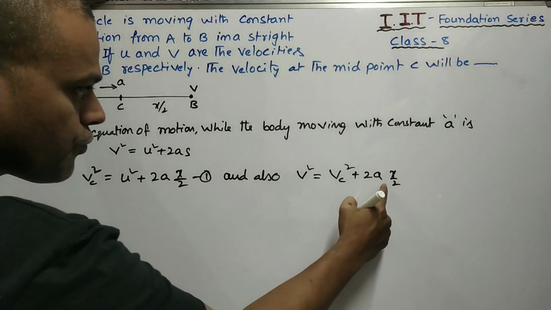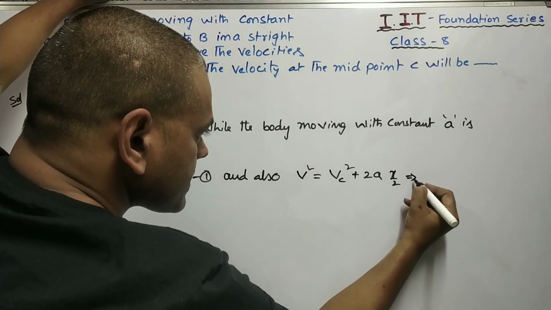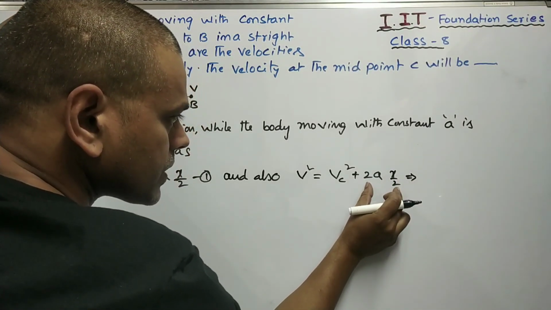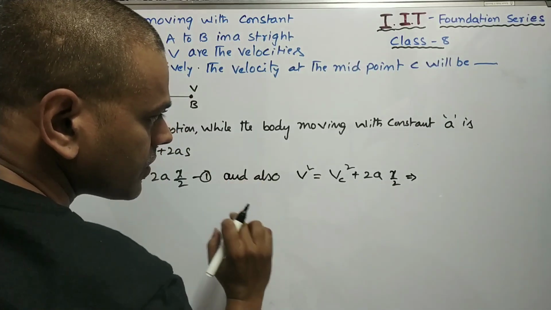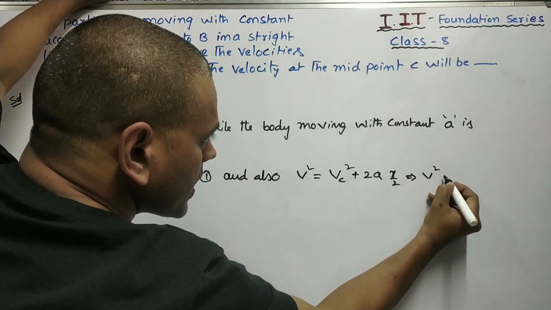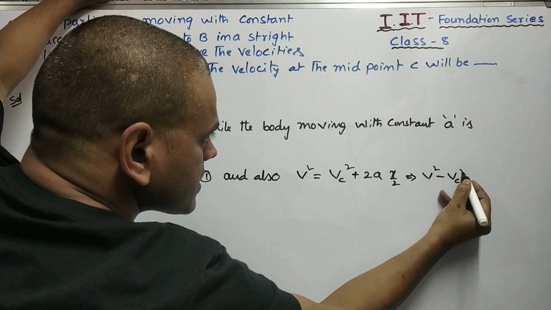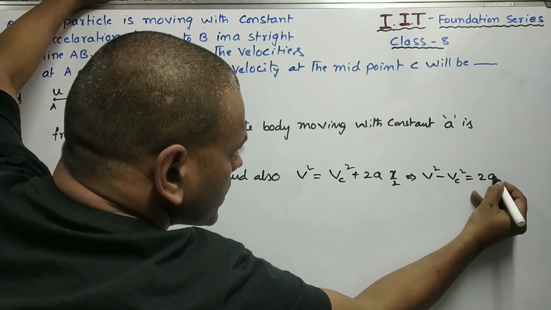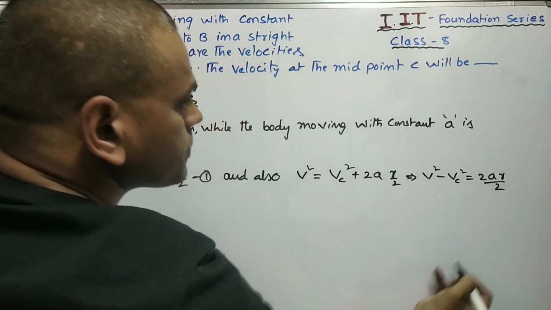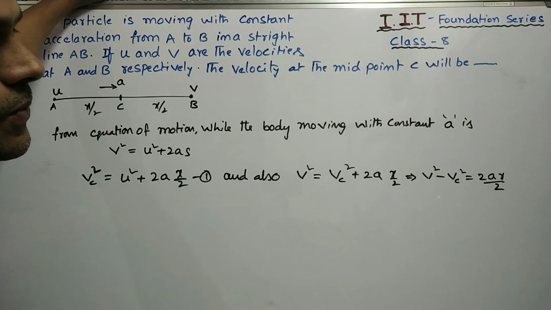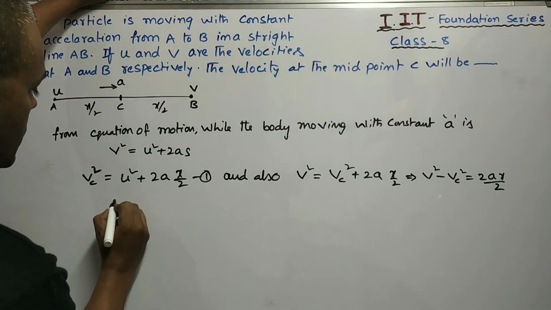From this, keep 2a x by 2 here, and bring Vc square to this side. So v square minus Vc square is equal to 2a into x by 2. Substitute in equation 1.